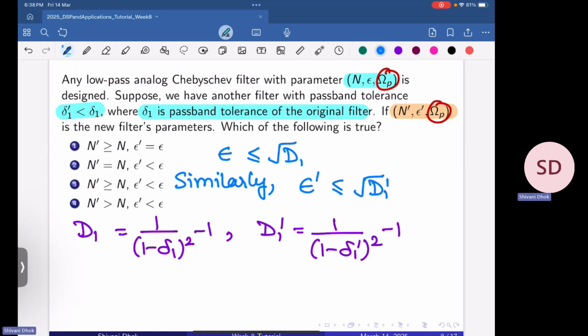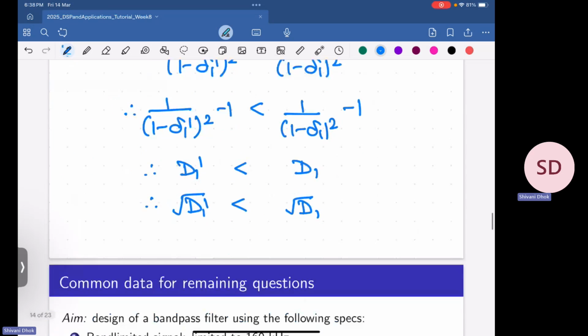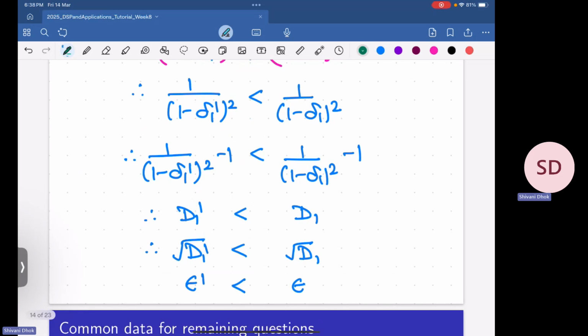We are interested in the worst value of epsilon that we can get, which is at the upper bound. So if my epsilon is equal to under root of d1 and epsilon prime is equal to under root of d1 prime, we will get epsilon prime less than epsilon. Okay, so this is a condition that we may get.